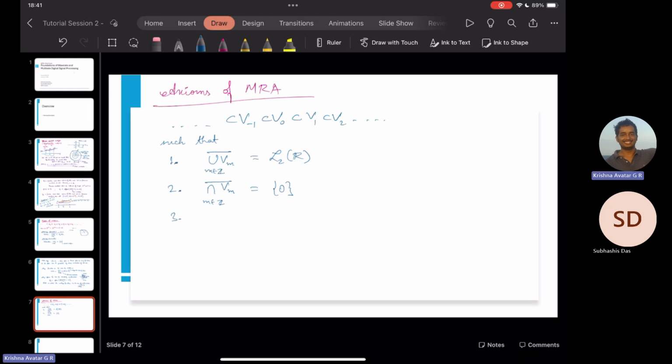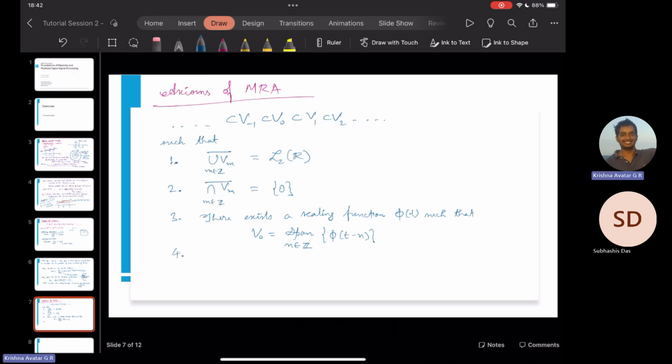And then you have the third thing, which says that there exists a scaling function, which is called phi of t, such that V0 is equal to the span, n is an element of Z, of phi(t minus n), right?